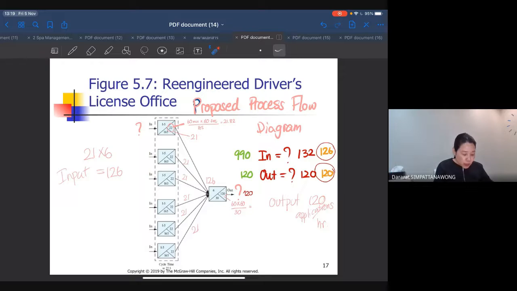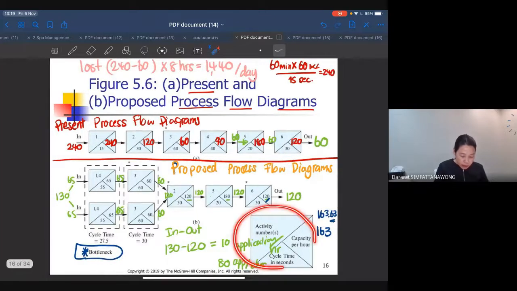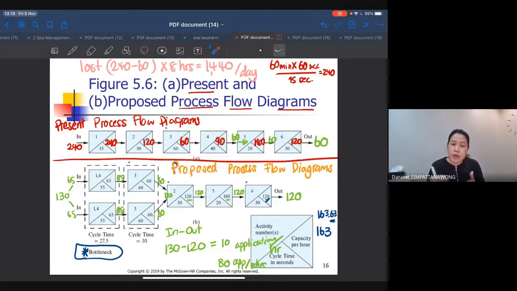So let me explain this. Ratanaporn is here. The capacity per hour, that's a clue. We like to calculate the maximum, which we refer to as capacity. If we work at full load, that means every second, every minute, we continue working, so there will be no break. There will be no time to play on Facebook or Instagram.